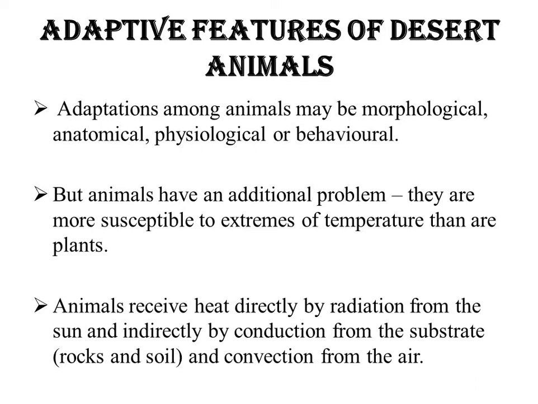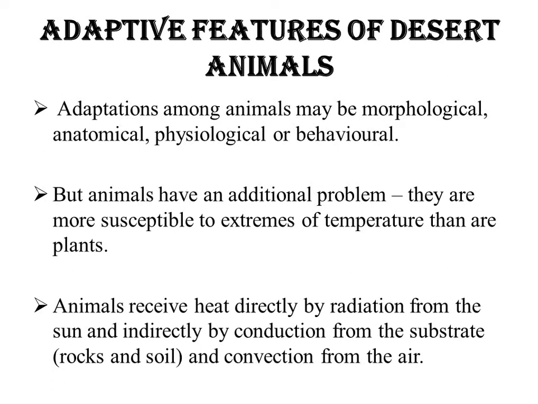Physiological means the adaptation which is related to the functioning of the body. And the fourth one is behavioral adaptation of the animal with respect to the desert environment. In this case, we'll have to consider the different genera of reptiles and mammals which have adapted to a variety of environments and their hazards.